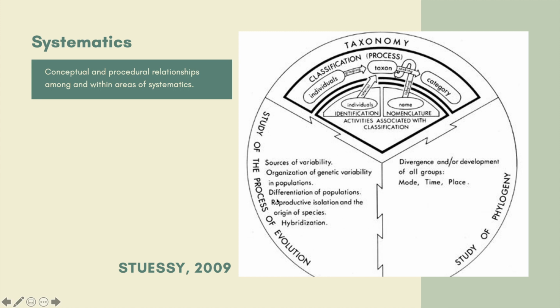We use the process of evolution as a way to differentiate different populations and to create certain changes and speciation through reproductive isolation and, of course, most of all, natural selection, the origin of species, and the hybridization of organisms.